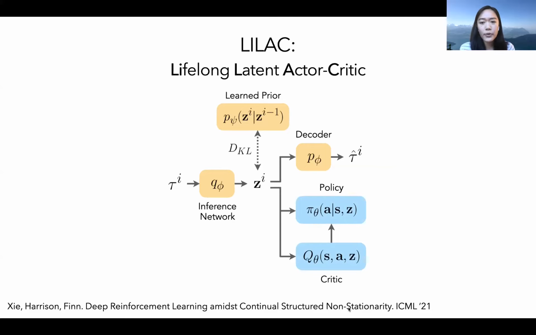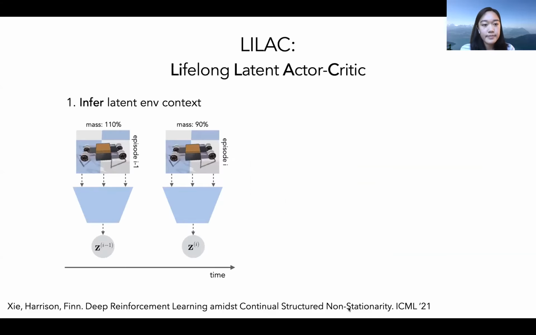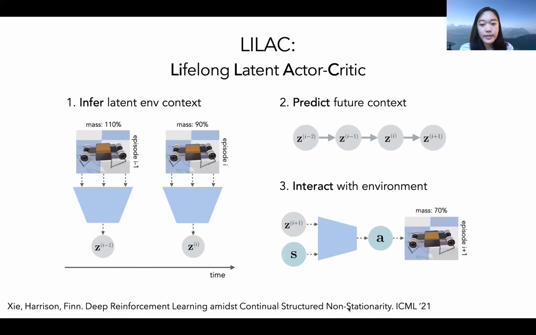We built these components on top of the soft actor-critic algorithm, which just takes in the task parameters from the inference network. When the agent has to act in the environment during a new episode, we first infer the latent task parameters from the previous episode. With the learned prior, we can then predict the next set of parameters and pass that into our policy.